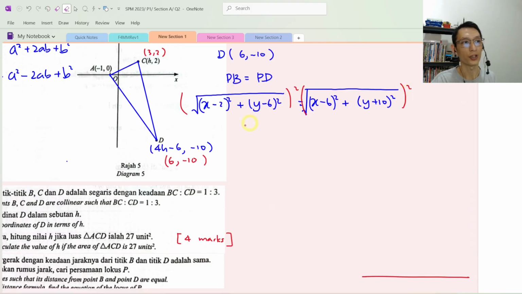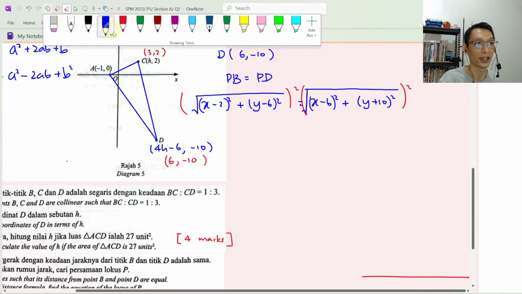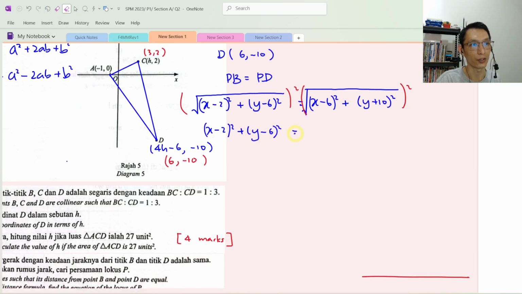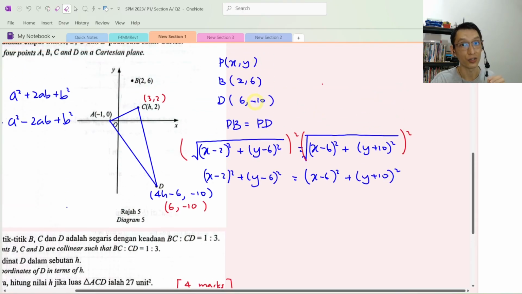Okay, when we square both sides, we will be able to get rid of the square root sign. So it becomes x minus 2 squared plus y minus 6 squared is equal to x minus 6 squared plus y plus 10 squared. So here plus because y minus negative 10, negative becomes positive.